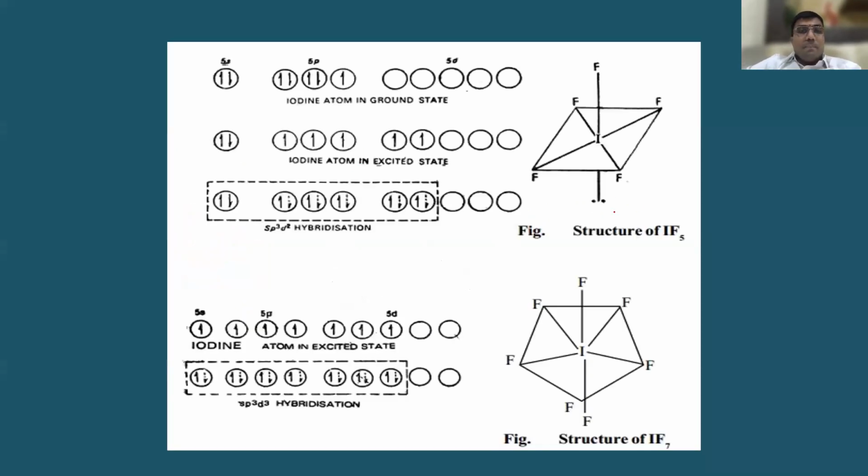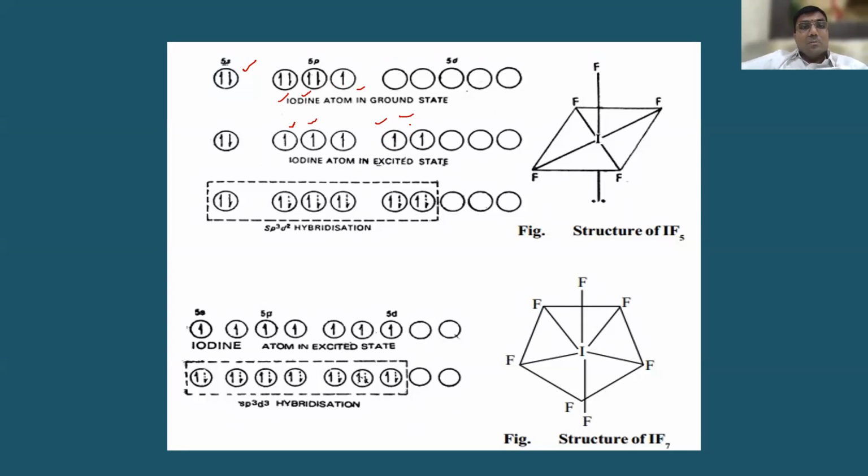Now, you can see here the basic hybridization. First of all, IF5. Iodine is 5s2 5p5. Here it can bond to only one, right? That means only one sigma bond can be formed. That means you have to excite. How many do you have to excite? 2 electrons. So 2 excited states. Iodine is excited here. The 2 electrons have gone to the 5d orbital, right? Now students, try to understand.